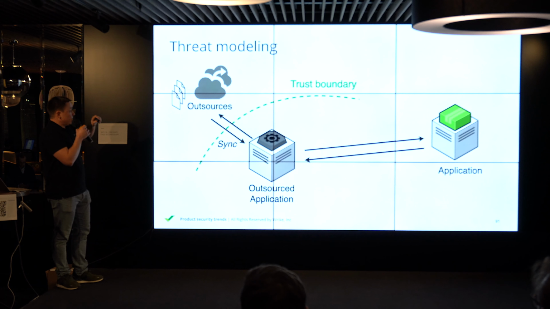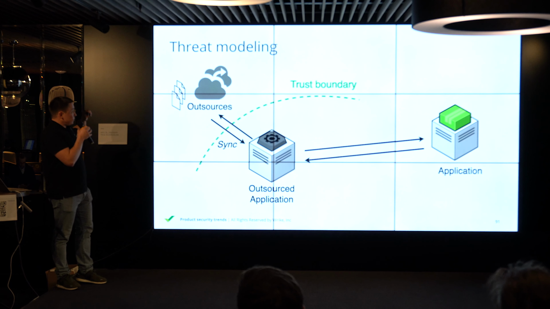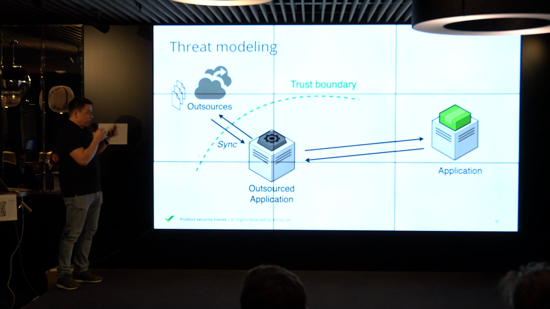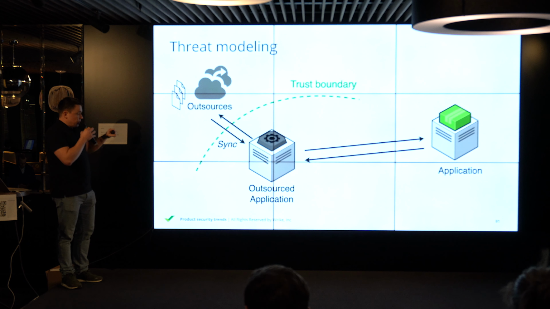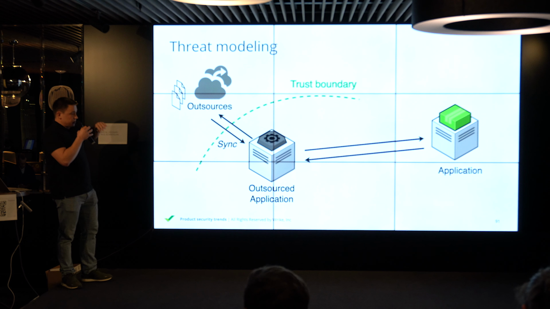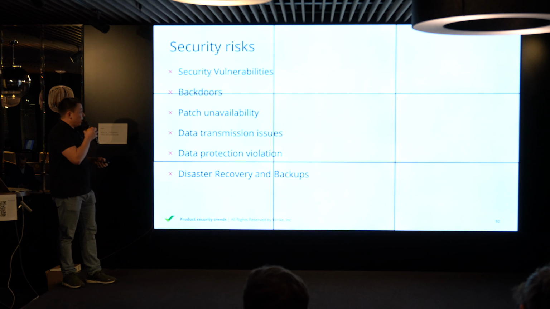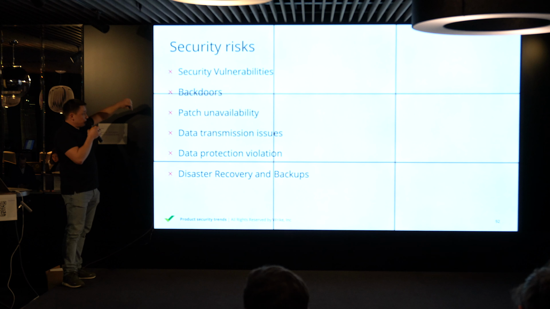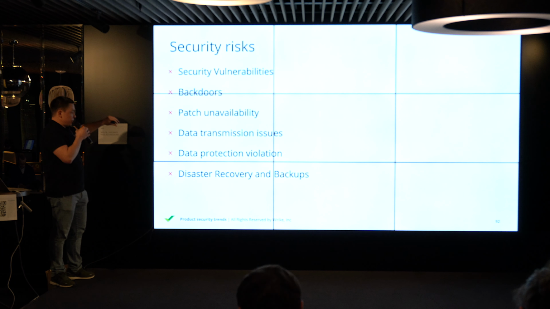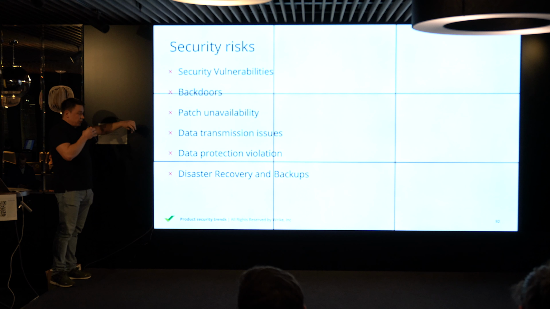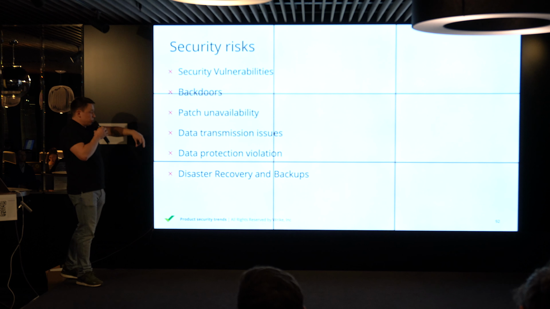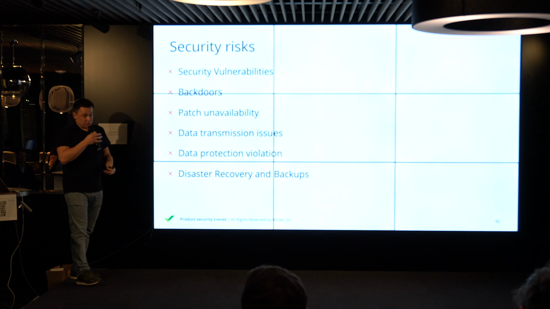The threat modeling looks the same as for the library, but in this case, outsource or on-premise is something more than just a library in your application. And in addition to vulnerability, backdoors, and patching, we have additional risks like data transmission issues and data protection violation.